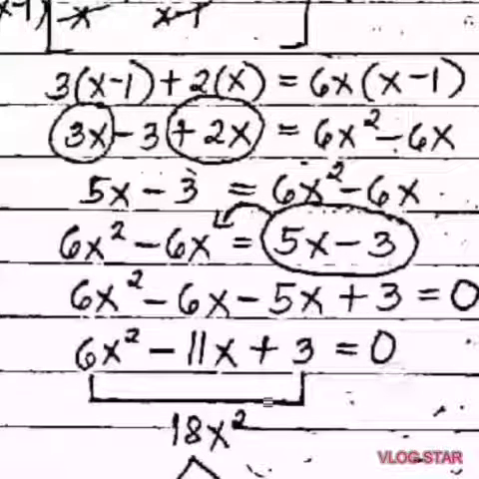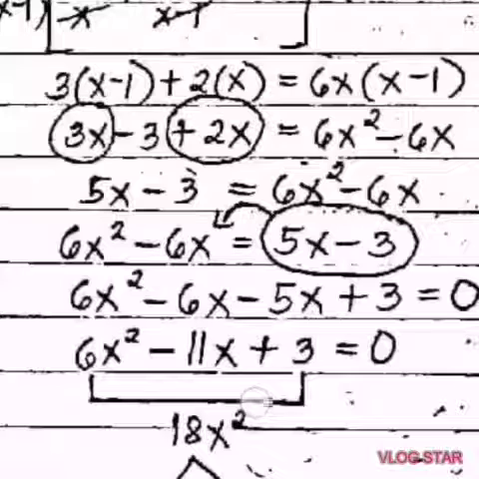Okay, equals 0. Now, the rational equation is now a quadratic equation. 6x squared minus 11x plus 3 equals 0.